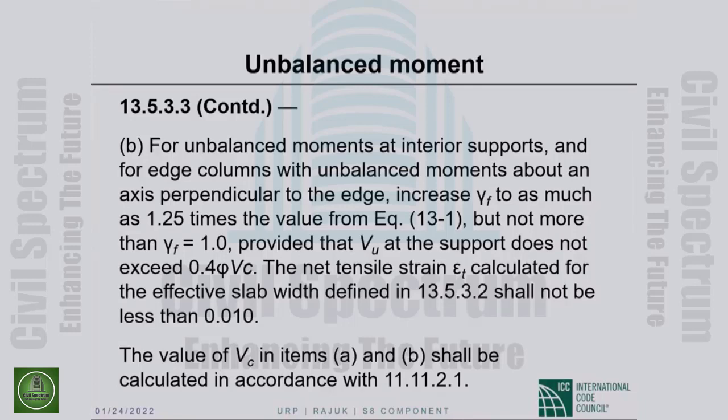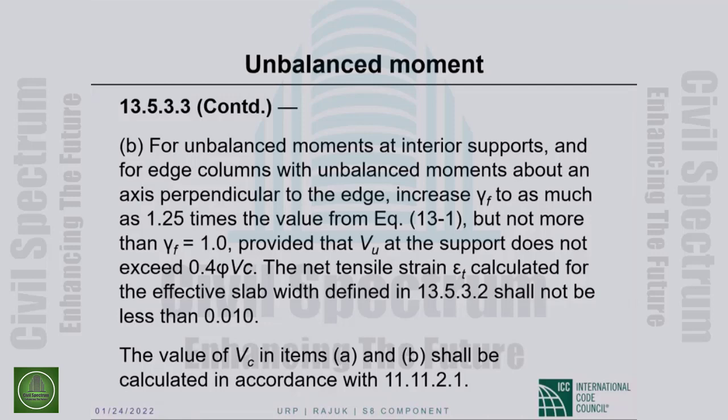So at an interior column, or bending moment at an exterior column where bending is parallel to the edge, gamma sub F cannot be taken all the way to 1, but we can increase gamma sub F to as much as 1¼ times the value given by 13.13-1. So if we get 0.60 for gamma sub F, we can increase it to 0.75, something like that, 1¼ times the value calculated. We cannot go above 1.0.